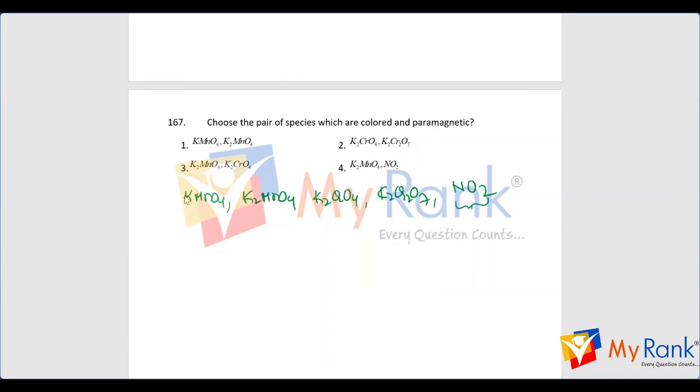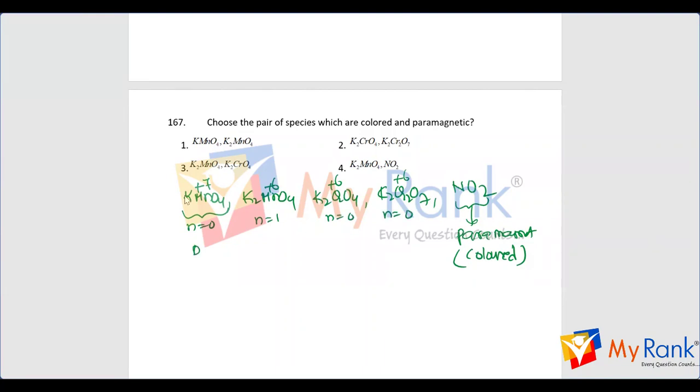Take NO2, you know very well, which is paramagnetic and colored. And manganese +7, manganese +6, chromium +6, chromium +6. Manganese +7, n is equal to 0, n is equal to 1, n is equal to 0, n is equal to 0.